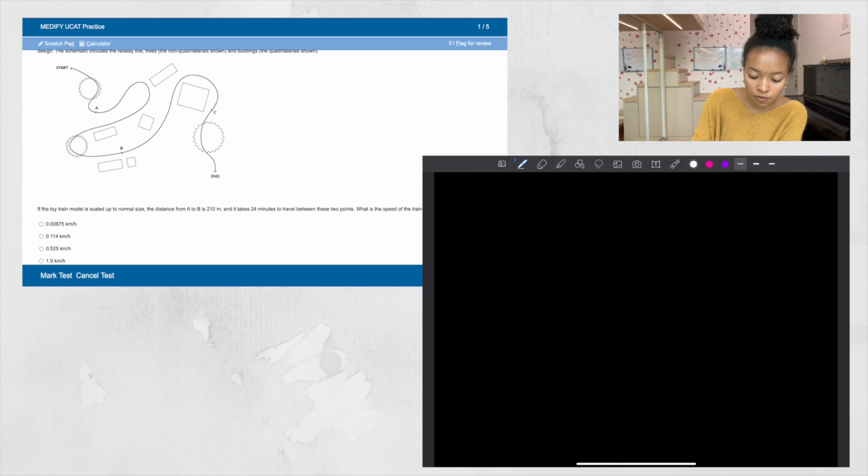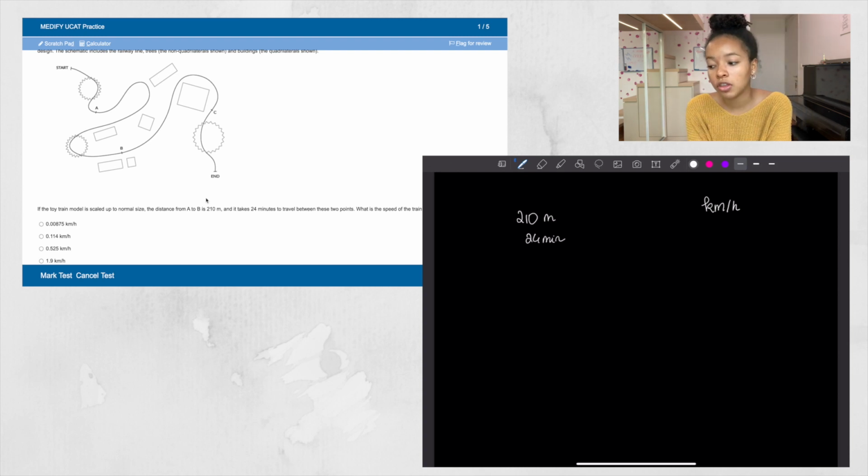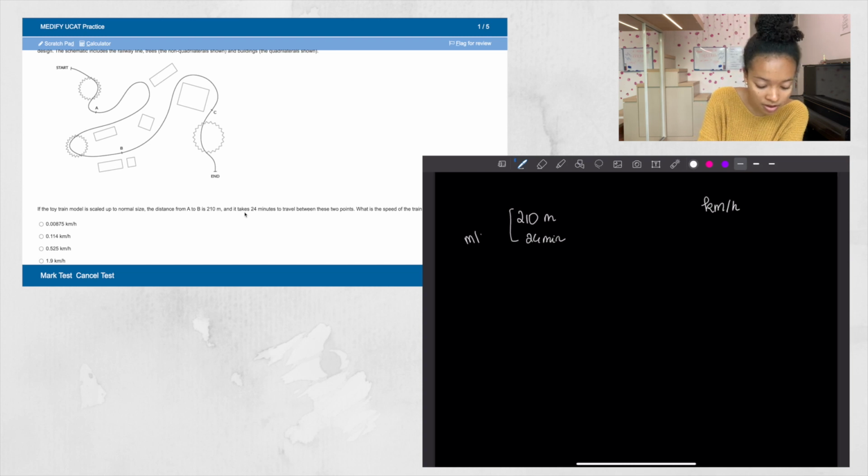So we need to figure out the speed of the train in kilometer per hour, right? But the information that they give us is in meters and in minutes. So the way that I'm going to answer this question is I'm going to figure out first what is the speed of the train in meters per second.